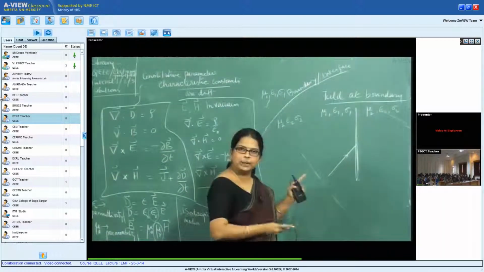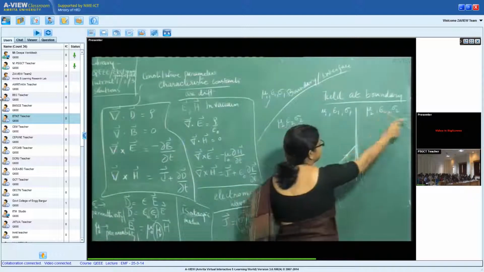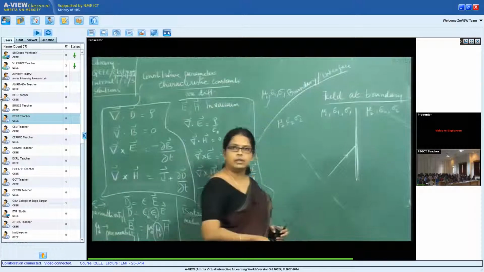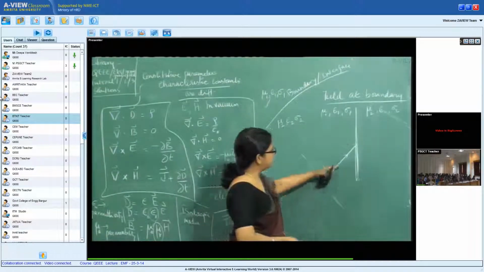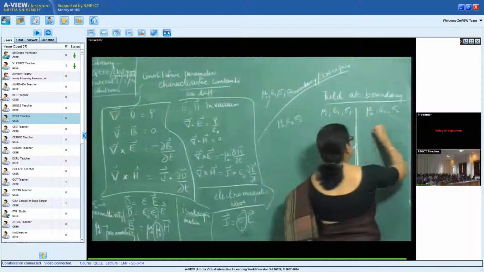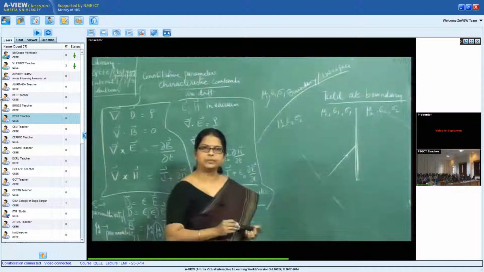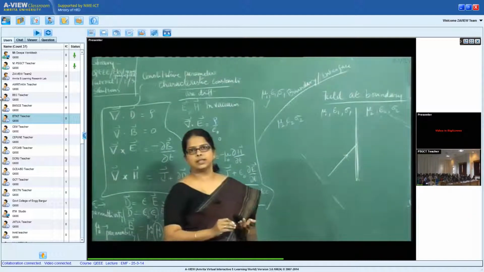But this is a special capacitor where on this side you have these parameters, and on the right side you have another set of parameters. What we want to know is whether the direction of the electric field in the second medium will continue this way, or would it bend, would it change? That's the question we are asking ourselves.